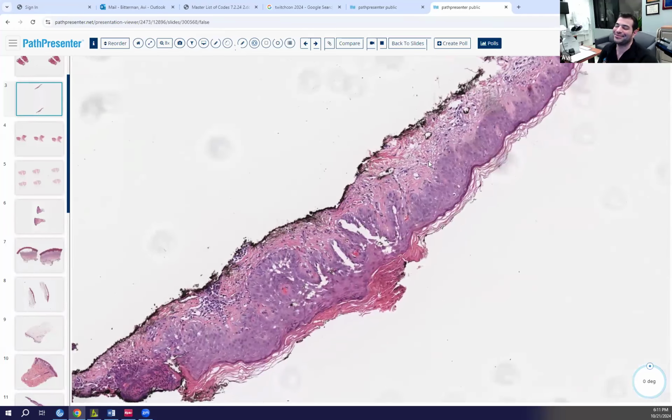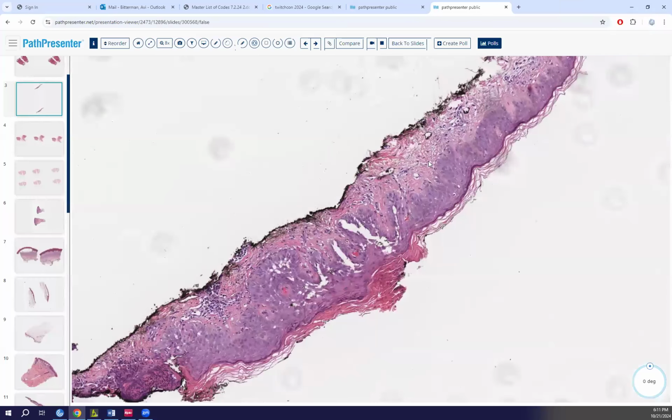Acantholytic dyskeratosis. What's our differential? Danielle said warty dyskeratoma. Okay, warty dyskeratoma. That's one. There's Hailey-Hailey and Darier. I think of the mnemonic, but again it doesn't really fit.